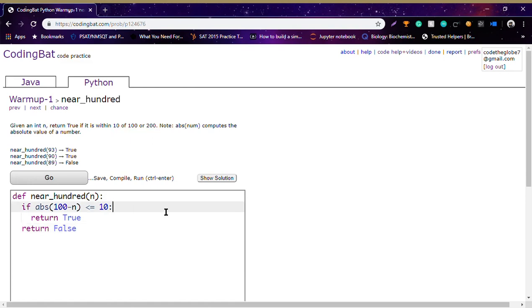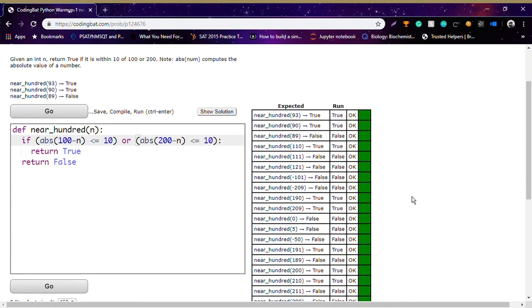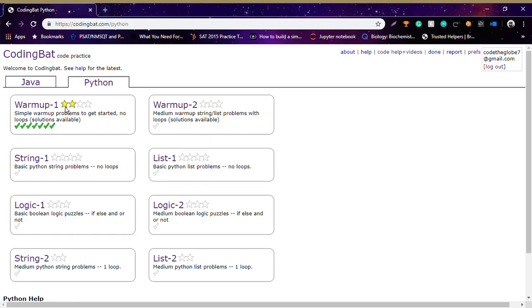So over there we have two conditionals, or ABS 200 minus n is less than or equal to 10. Let me just keep this in parentheses so it's not confusing for Python. Okay, now let's try running the code. Then we got them all right. Good job. Moving on to the next one.